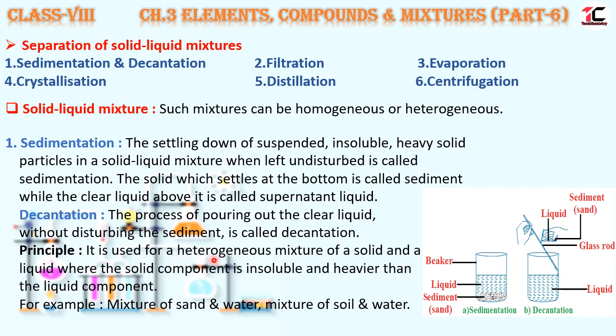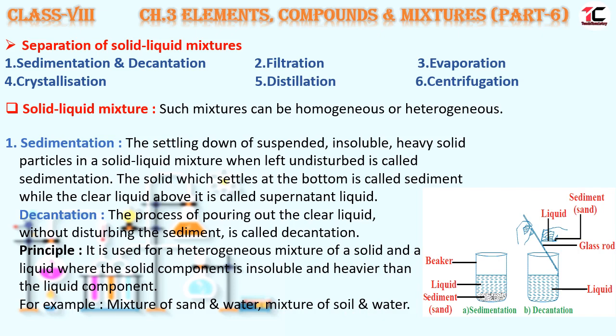It is used for a heterogeneous mixture of a solid and a liquid where the solid component is insoluble and heavier than the liquid component. That means the solid component should be insoluble as well as heavier than the liquid. Which type of mixtures can be separated? We can separate a mixture of sand and water, a mixture of soil and water.